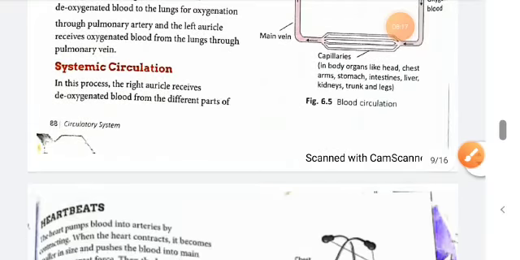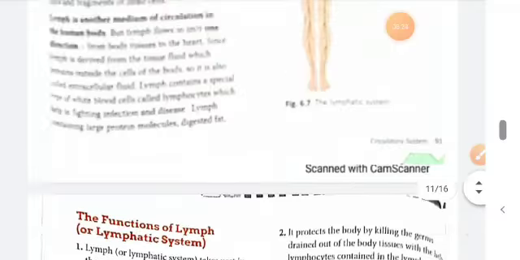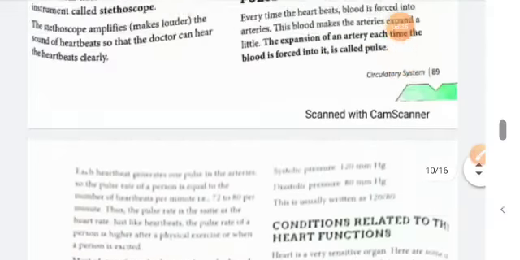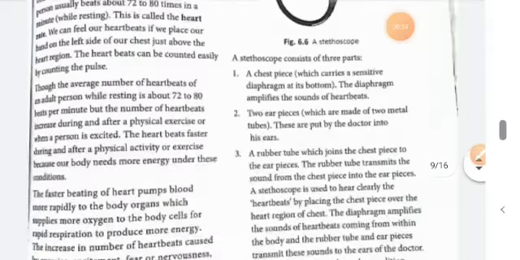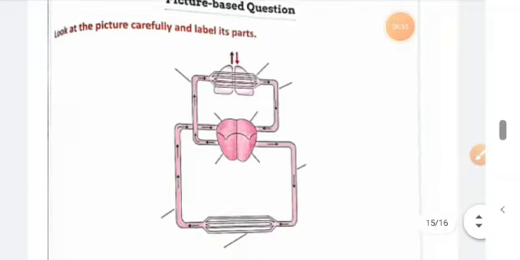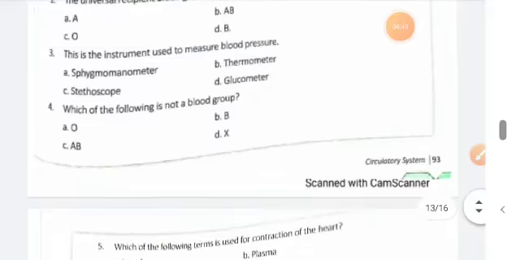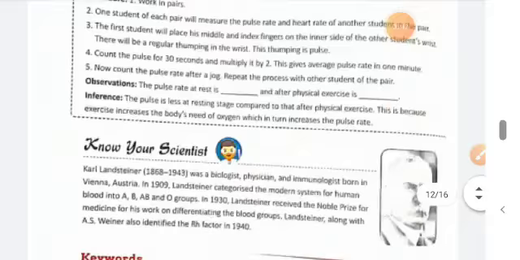Now, the next thing is, what is heartbeat? The question is, what is heartbeat? You know that once the heart contracts, then it relaxes. Once the heart is contracted, then it is relaxed.